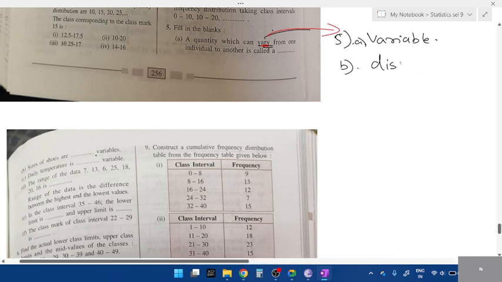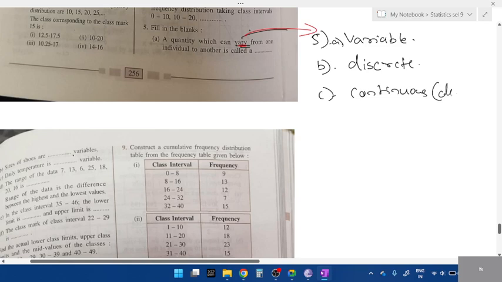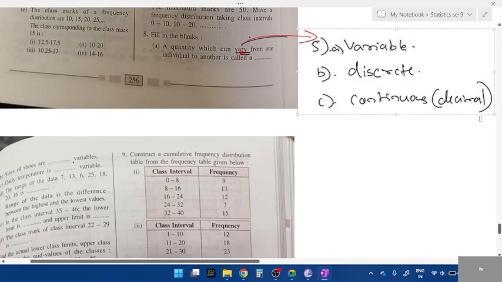You can call it discontinuous or discrete, students. C is continuous. And when do we call it continuous? Decimal. So whichever you feel has a decimal, write it as continuous.